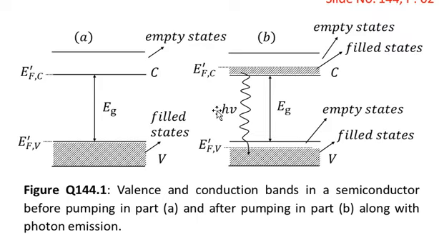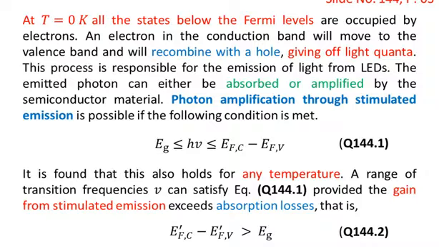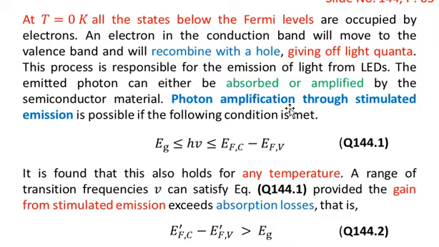And this photon, as obvious from the figure, must have an energy greater than the band gap energy Eg, and this h nu will have an energy less than the difference of energy between these two Fermi levels. So I have shown you this condition, and this is the condition of photon amplification through stimulated emission. It's only possible if this condition is met. This is a very strict condition because we have the equality sign also.